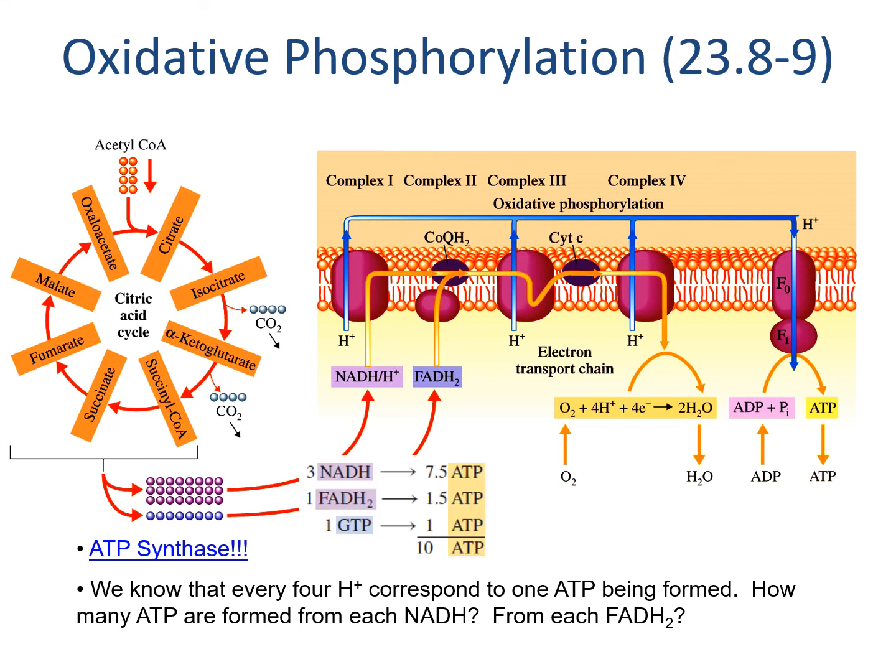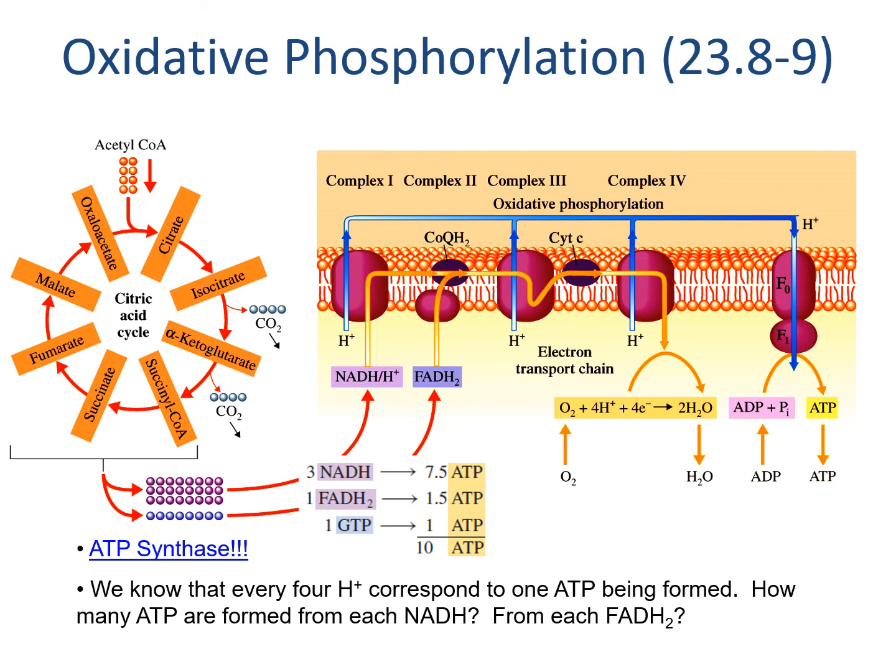Notice on this slide that these conversions have been taken one step further. If NADH is worth 2.5 ATP, the citric acid cycle produces 3 times 2.5 ATP from the 3 NADHs for a total of 7.5 ATP. The citric acid cycle also produces 1.5 ATP from the single FADH2 that's produced, and a GTP is also produced in the citric acid cycle that has about the same level of energy as an ATP.